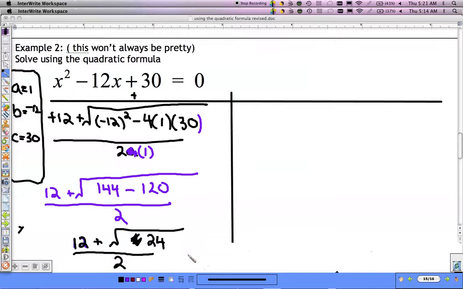And the square root of 24, of course, is going to break down, so we have now 12 plus the square root of 24.